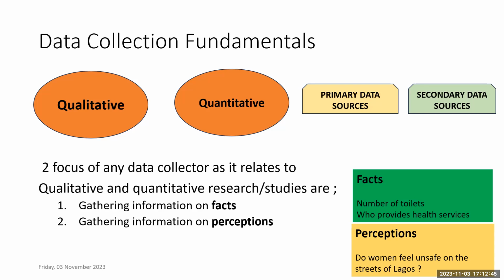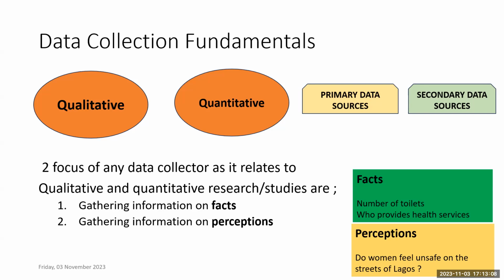However, it is important to clarify another interesting aspect, which is primary data sources and secondary data sources. Primary data sources refer to data sources that require an individual to go and collect their own data about a topic.